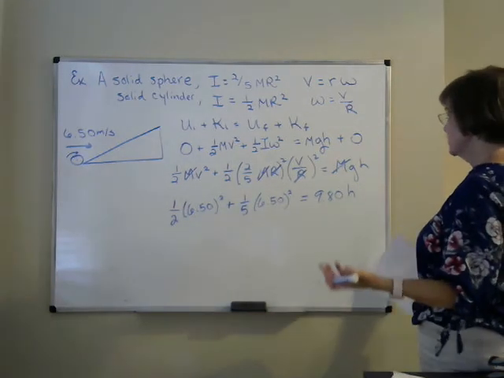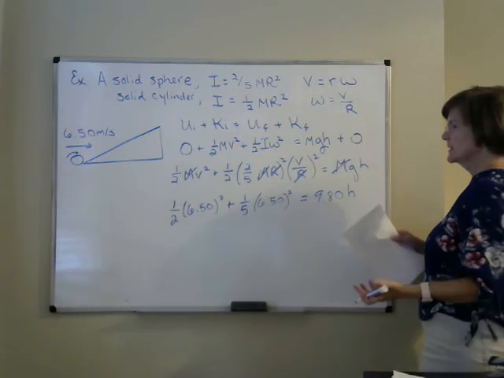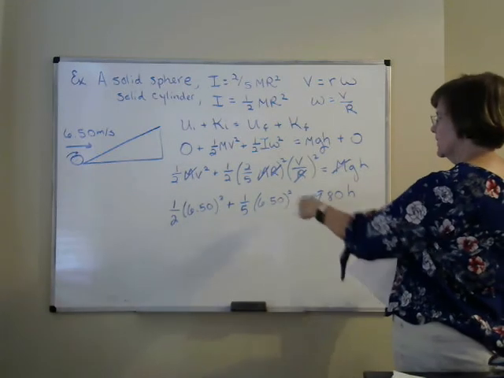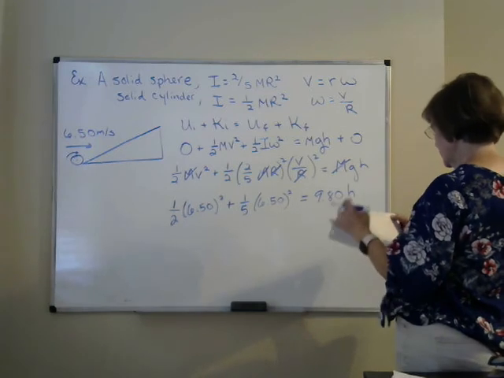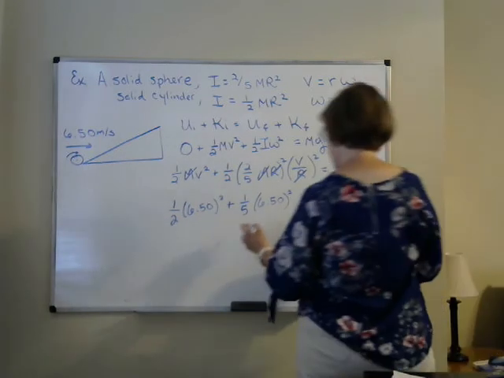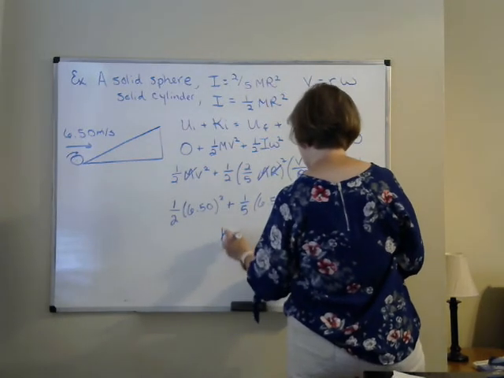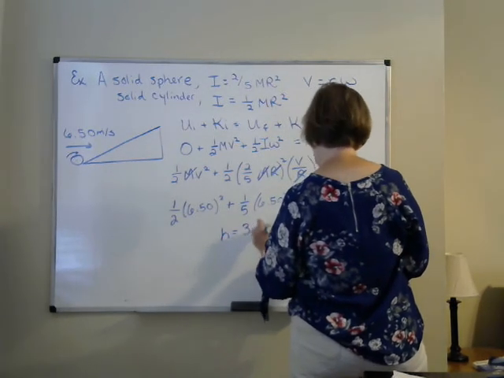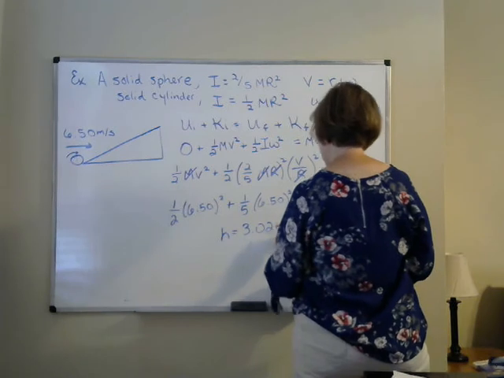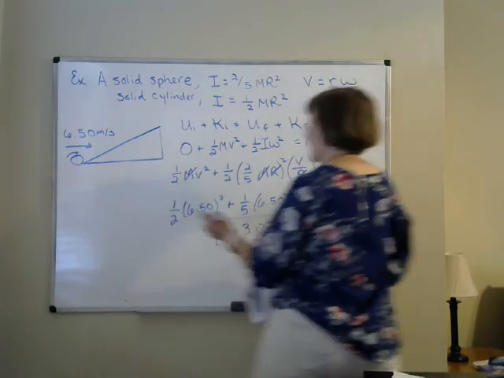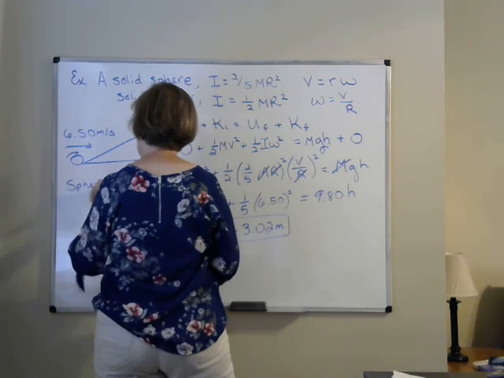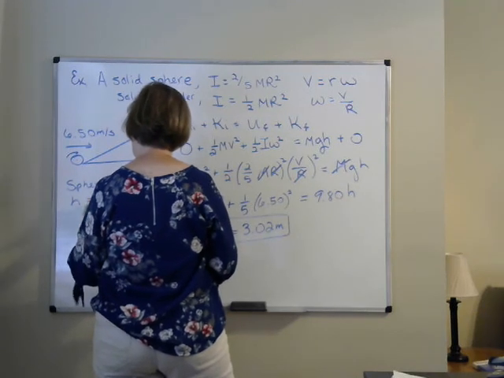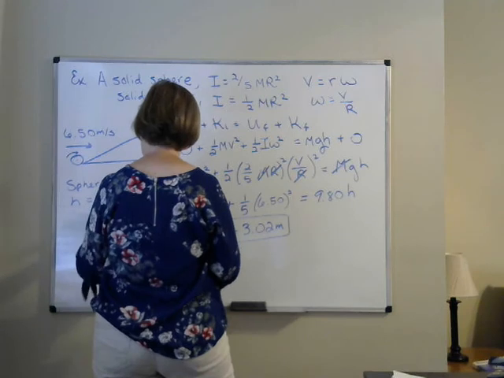Let's just put in the numbers. 1/2 V squared plus 1/5 V squared. When I put in all of the numbers, I get that H is 3.02 meters. So if we're doing the sphere, we found that H will be 3.02 meters.